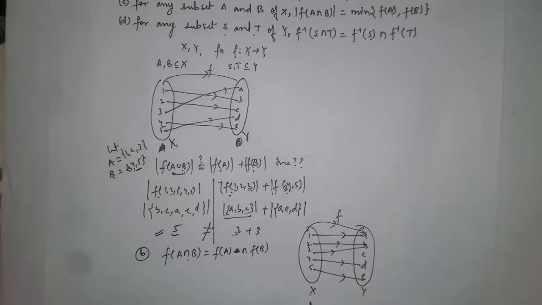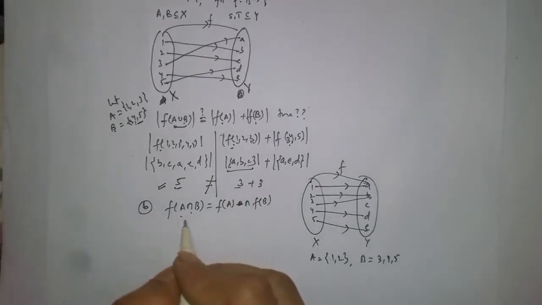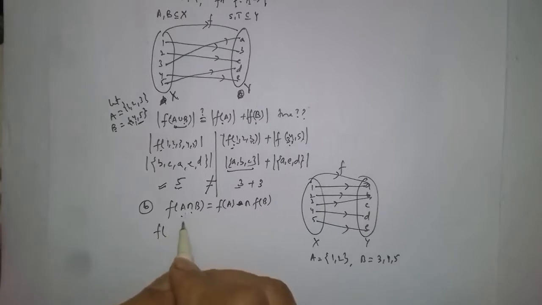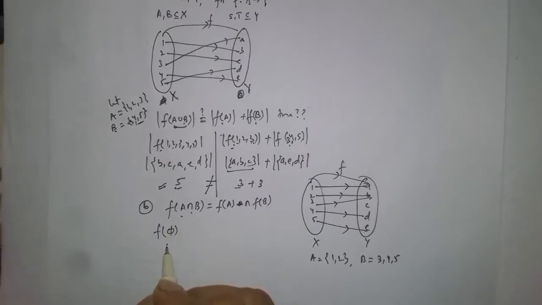Now suppose that A is equal to {1, 2} and B is equal to {3, 4, 5}. Then f(A ∩ B), where A is {1, 2} and B is {3, 4, 5}, is empty.